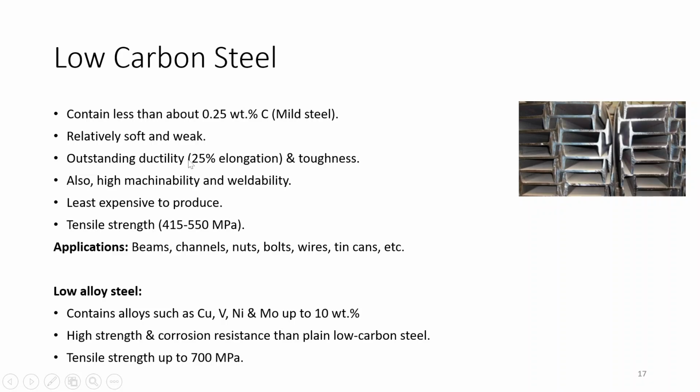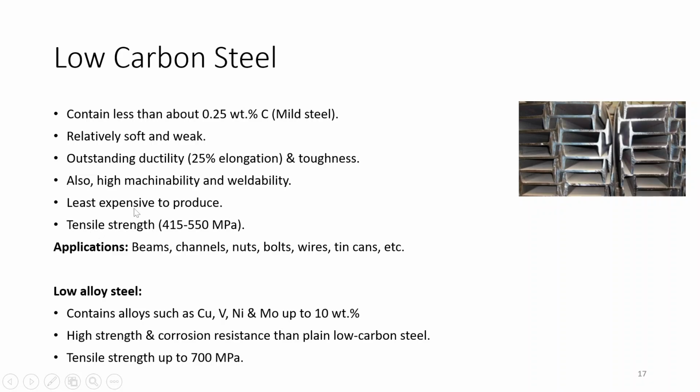So it is used for various structural applications where that much strength is not required. It provides 25% elongation, it has good toughness as well, and also high machinability and weldability, and it is least expensive to produce.